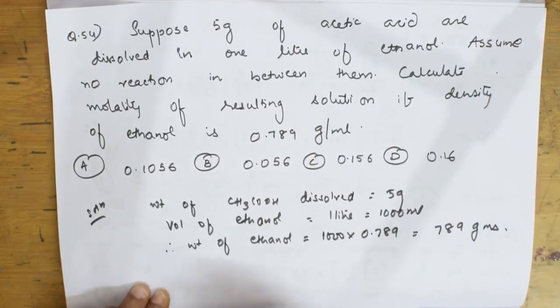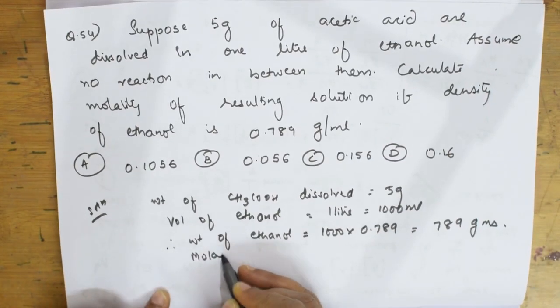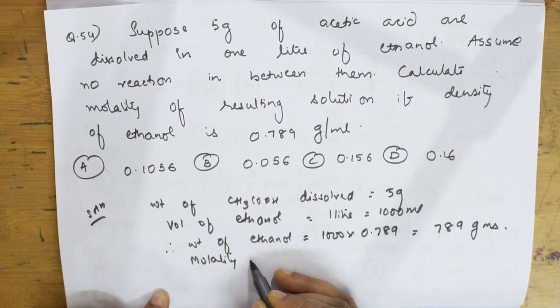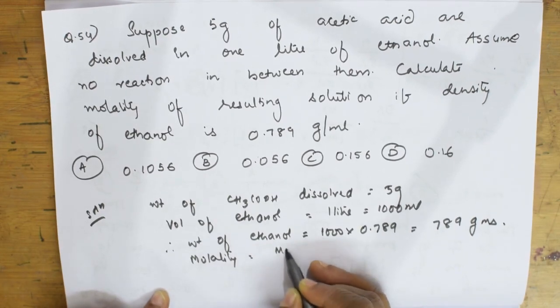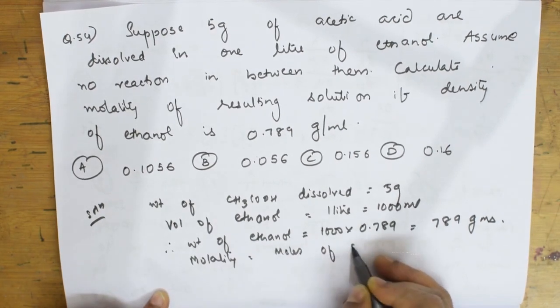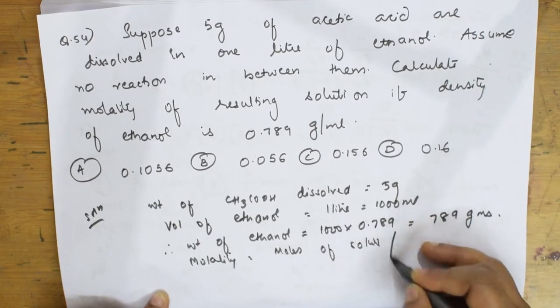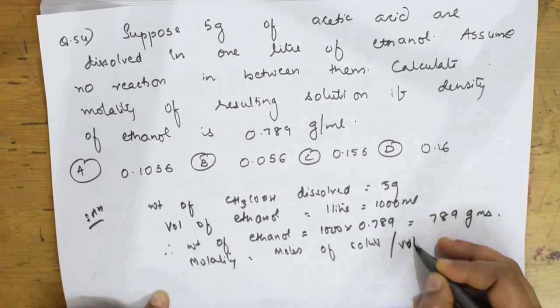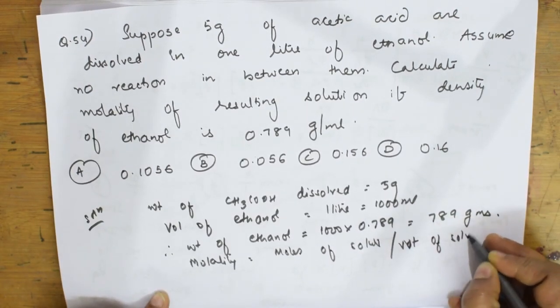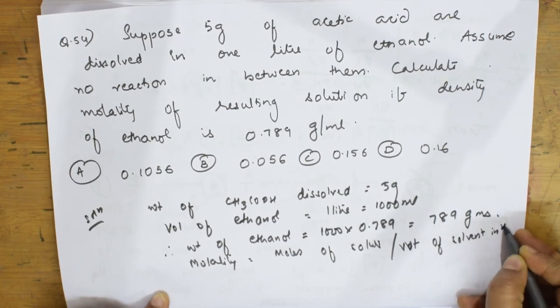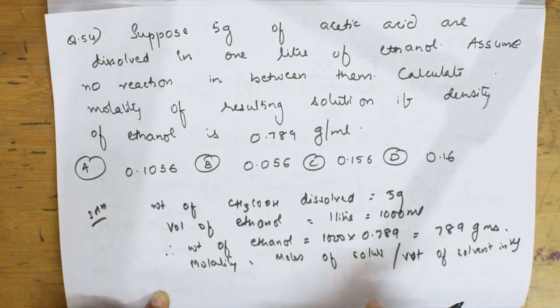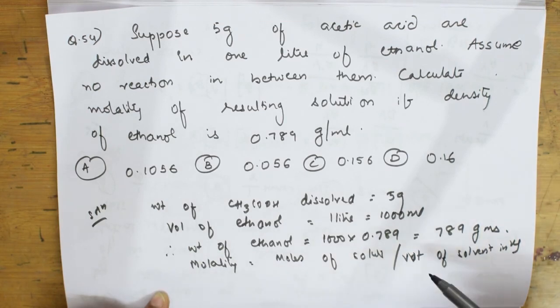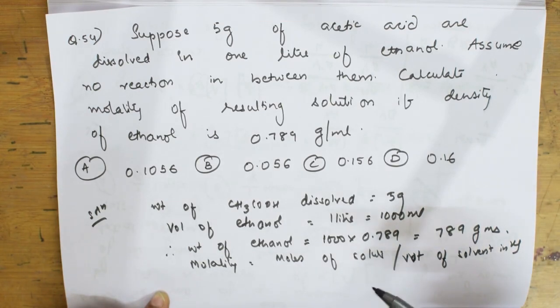Weight is over. Now substitute. What is the molality formula? It is moles of solute by weight of solvent in kg. The weight of the solute is given to me, that is 5 grams, and now the weight of the solvent also.